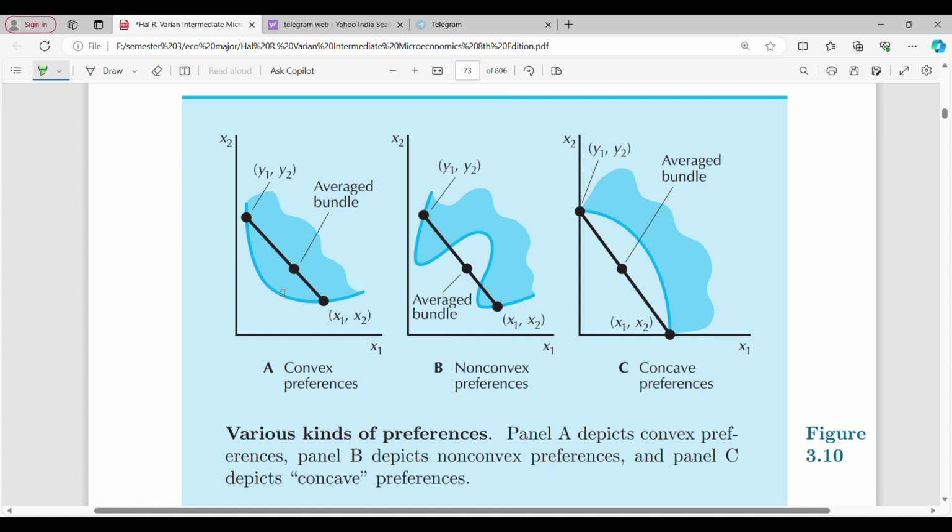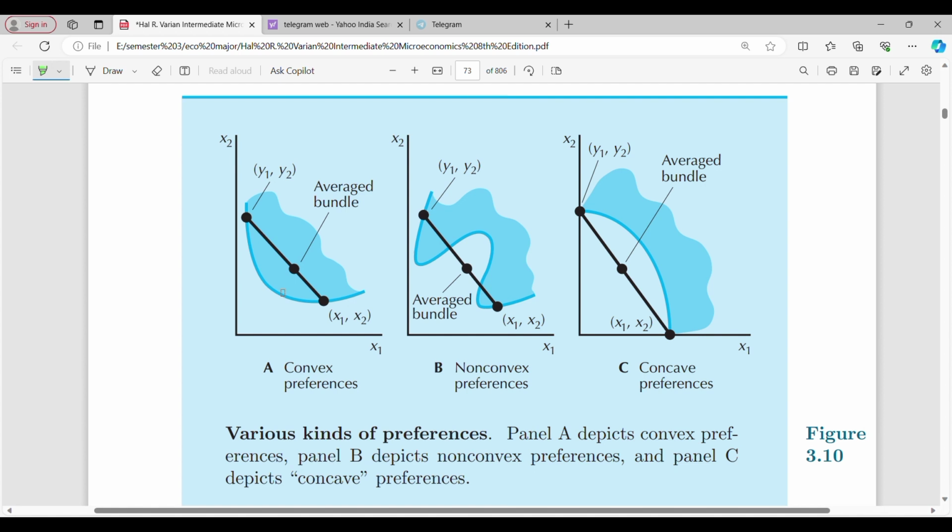And next, about concave and not convex preferences. What do we think of preferences that are not convex? One possibility might be something like a preference for ice cream and olives.